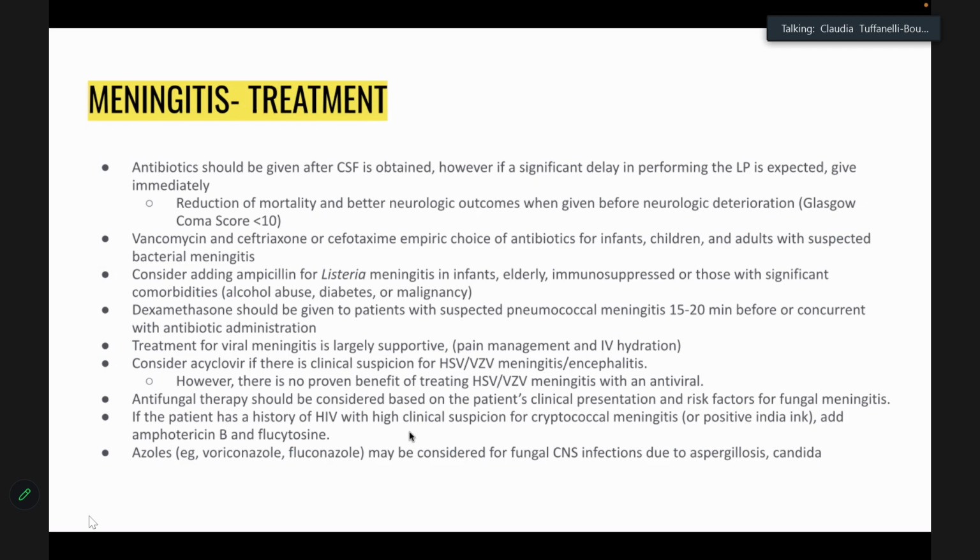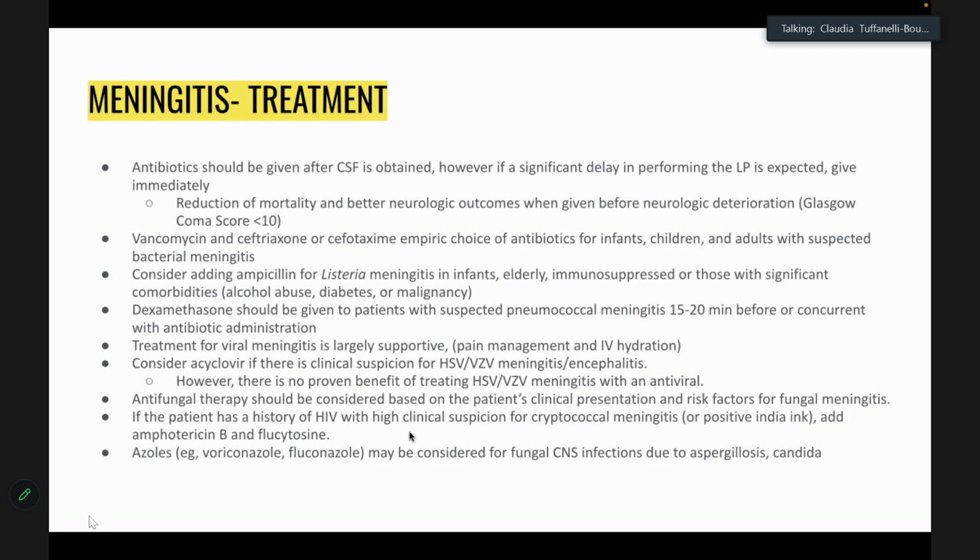It's not going to be as accurate, but some people say it's okay, even an hour before, antibiotics are going to penetrate the cerebral spinal fluid, because they have to go through the bloodstream and then get to the cerebral spinal fluid. So if you think there's going to be a delay, just start the antibiotics, because this is the biggest thing that will reduce mortality and give you a better neurological outcome.